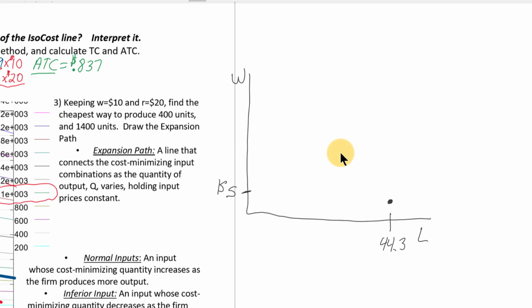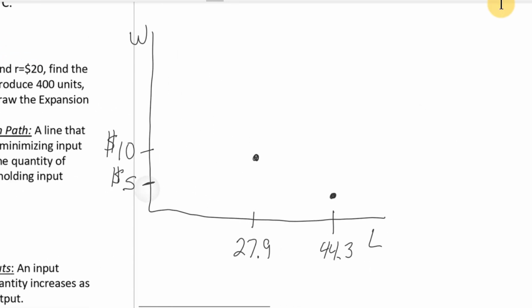And then when the price of labor went up to $10, they only wanted 27.9. So we can illustrate the demand curve for labor just by drawing a line through those points, although in reality it's probably going to be a curve.